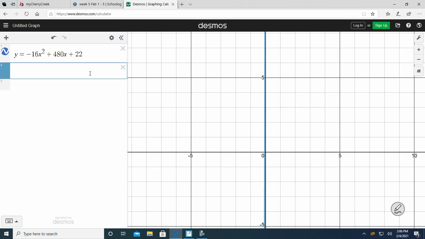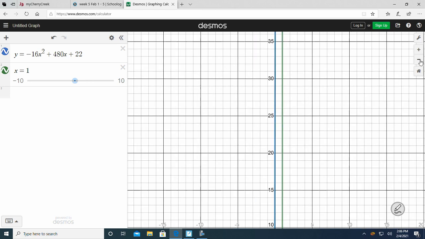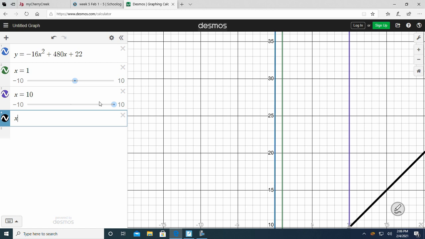You said 1 second. So t, our x value, is the seconds. If I go x equals 1, I create a vertical line, and then I have to find where this is. Actually, let's do this. I'm going to put a bunch of them up there. I'm going to do x equals 10, and I'm going to do x equals 25.